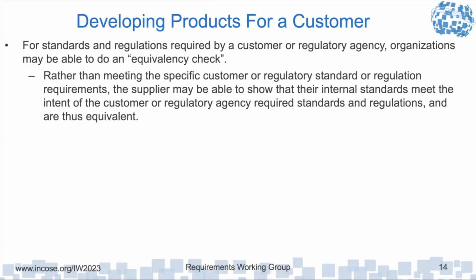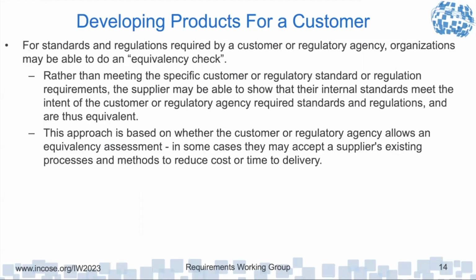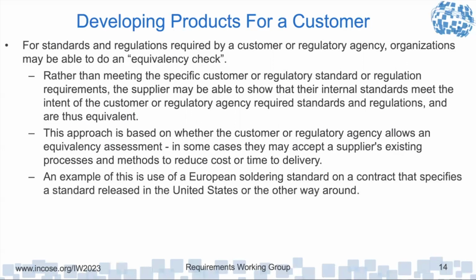And so rather than meeting the specific customer regulatory standard requirements, maybe you can show that their internal standards meet the intent of the customer regulatory agency required standards, and thus are equivalent. This approach is based on what the customer regulatory agency allows for equivalency assessment. In some cases, they may accept the supplier's existing processes and methods to reduce cost and time to delivery.